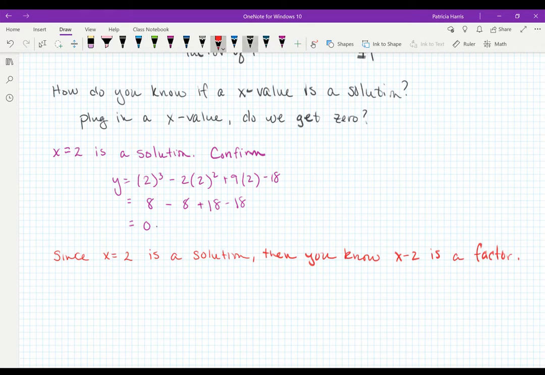So what you're basically doing is solving the equation x equals 2 and setting it equal to 0.